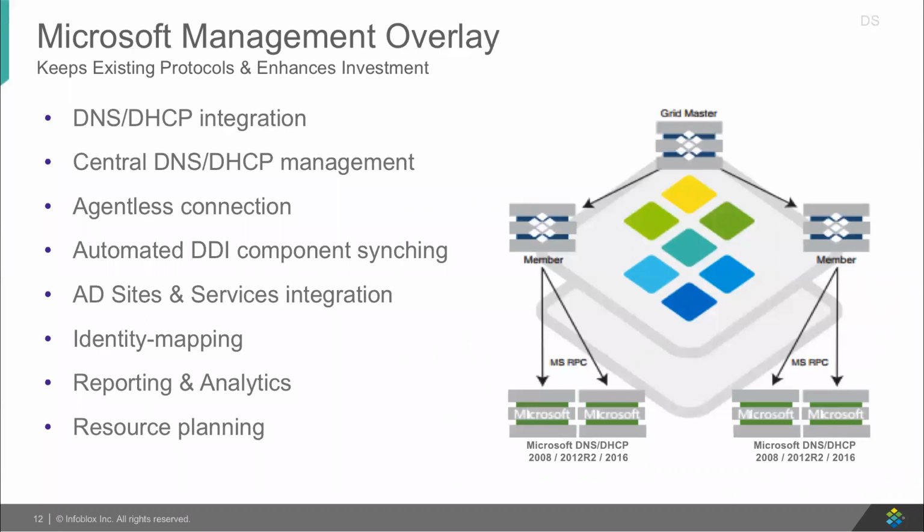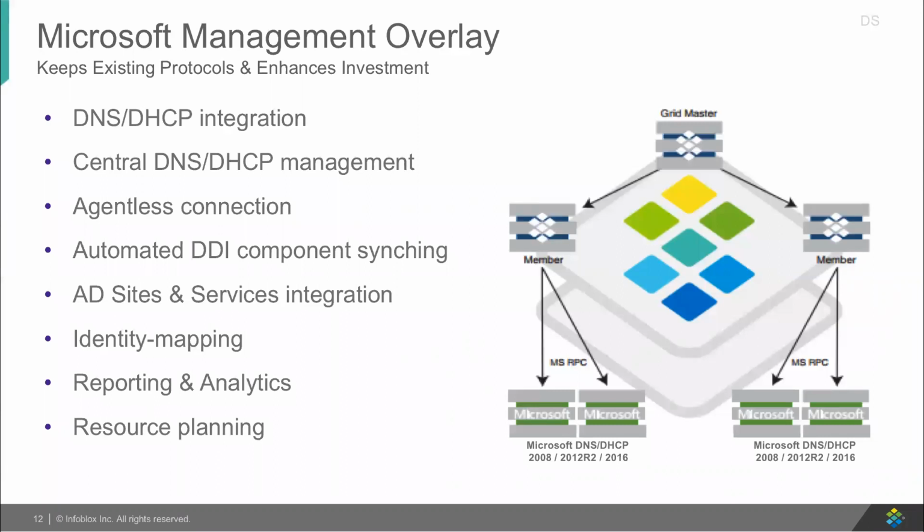It is an agentless connection, which is nice. You have nothing to install in those Microsoft boxes. We use RPC DCOM to connect to them. You can define how often you want us to synchronize. We are discovering the Active Directory domain controllers, the sites, the subnets that are used for replication. The identity mapping is discovering all of the users.